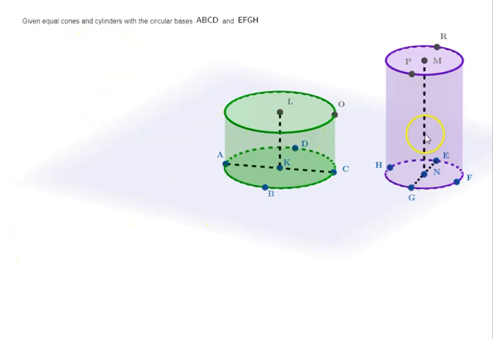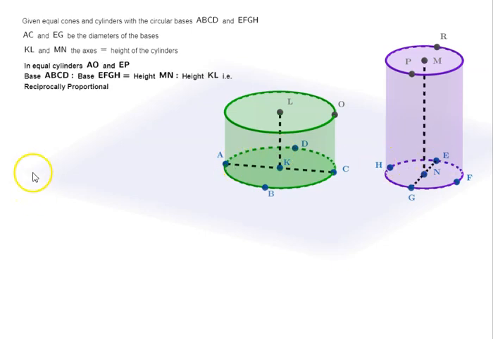Given equal cones and cylinders, we will look at the cones later, with the circular bases ABCD and EFGH, AC and EG are the diameters of the bases, KL and MN are the axes which are equal to the height of the cylinders.